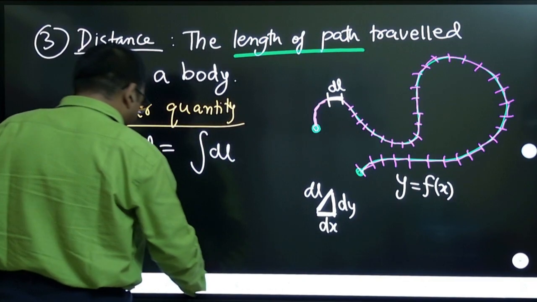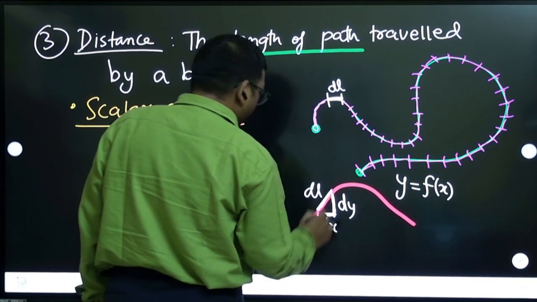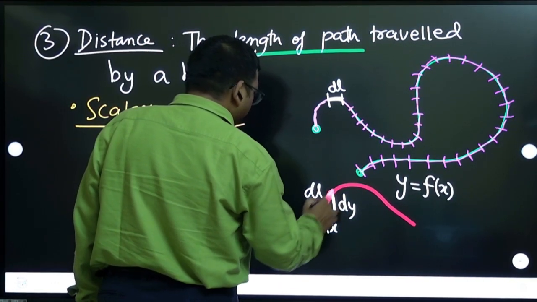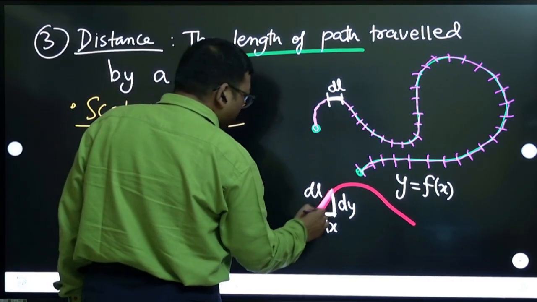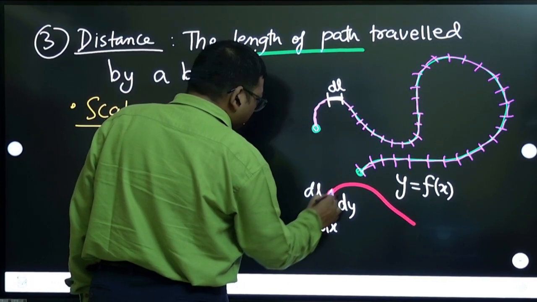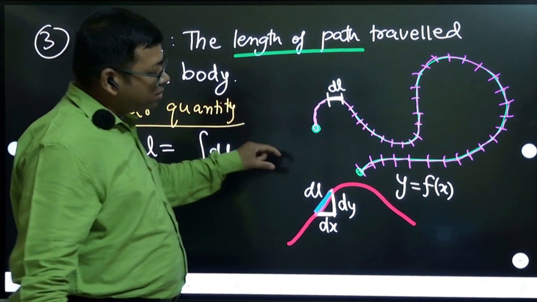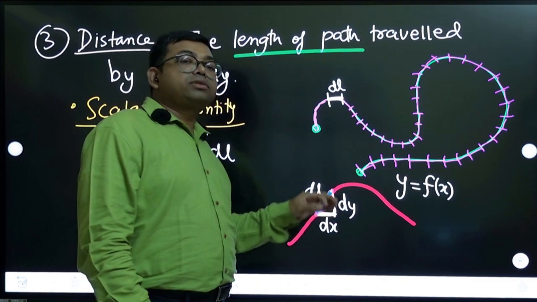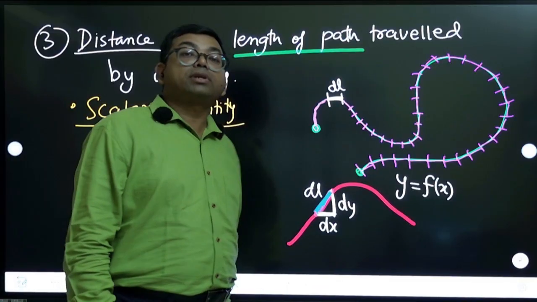The body is traveling along this path, which may be some path, we do not know. But right now we have cut a very small length on this. Although this is not a straight line, it is so small that you can assume it to be a straight line.